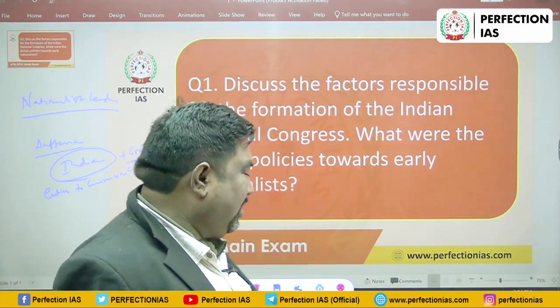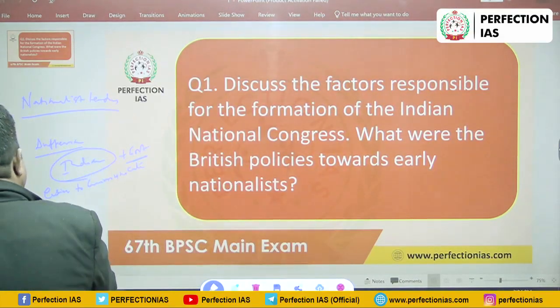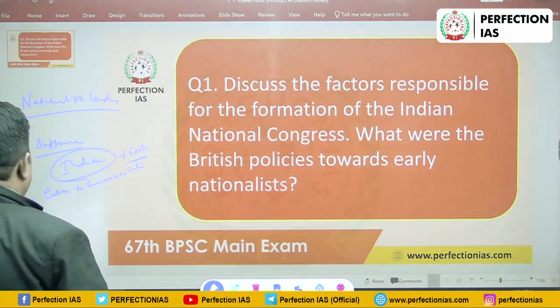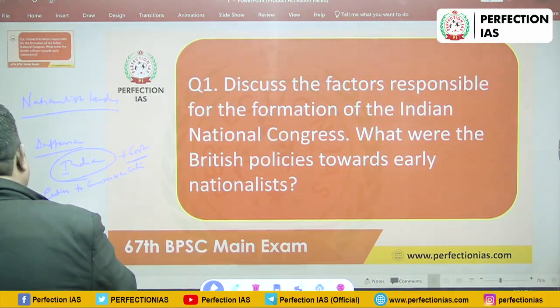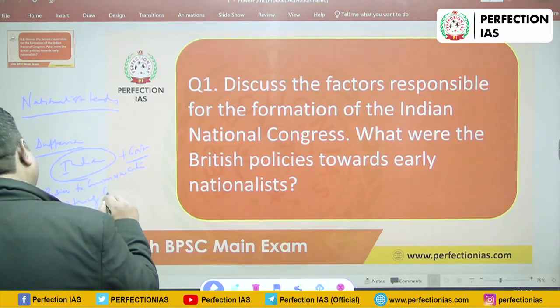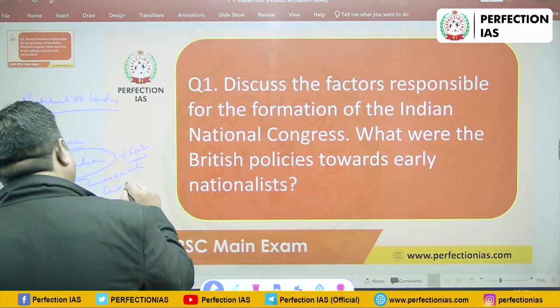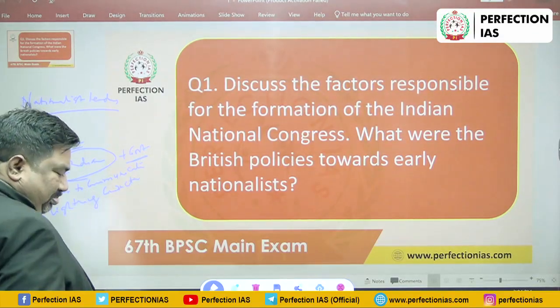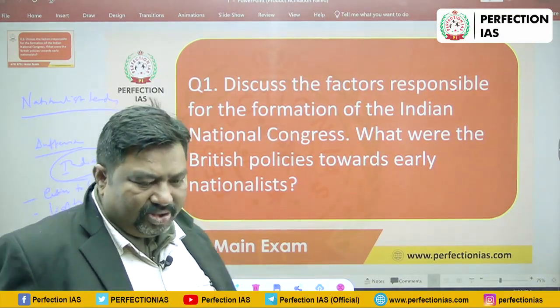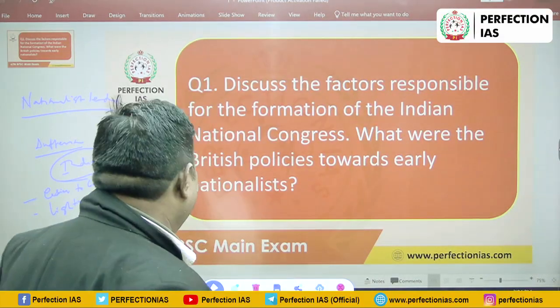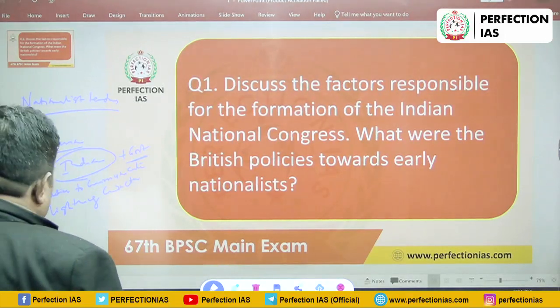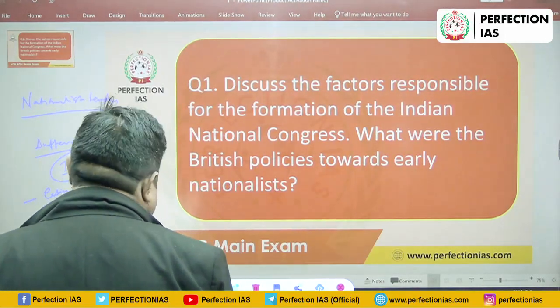What was the second idea? It could be used as the lightning conductor for them to safeguard themselves. For example, if the government is offended, immediately they will not go against them.